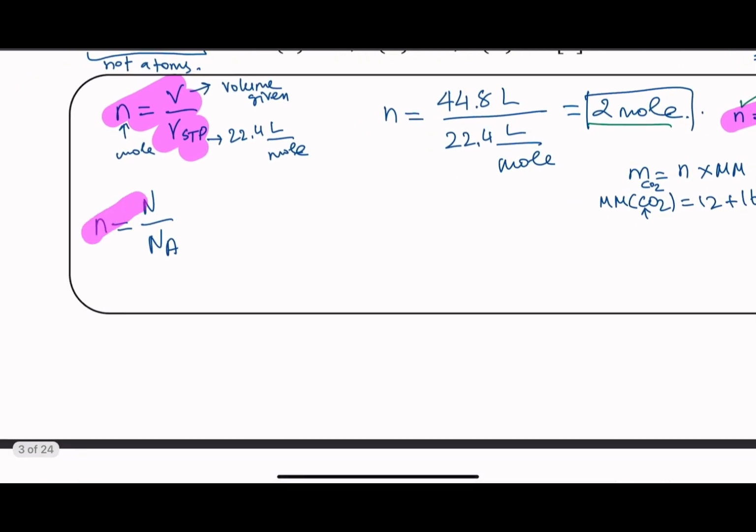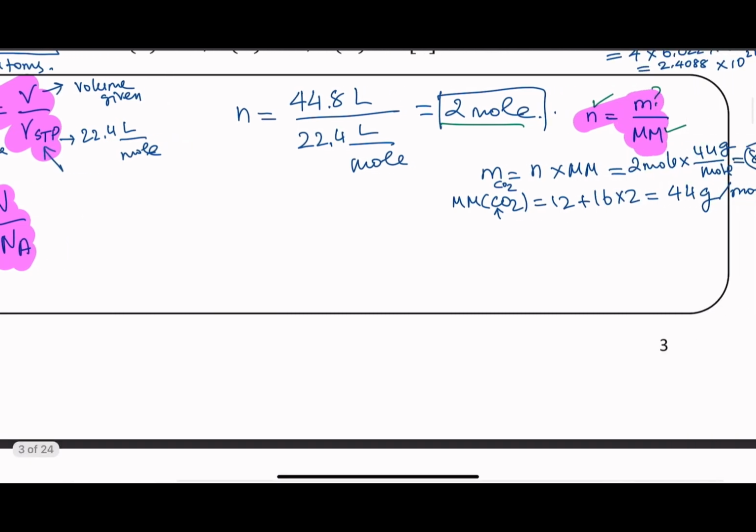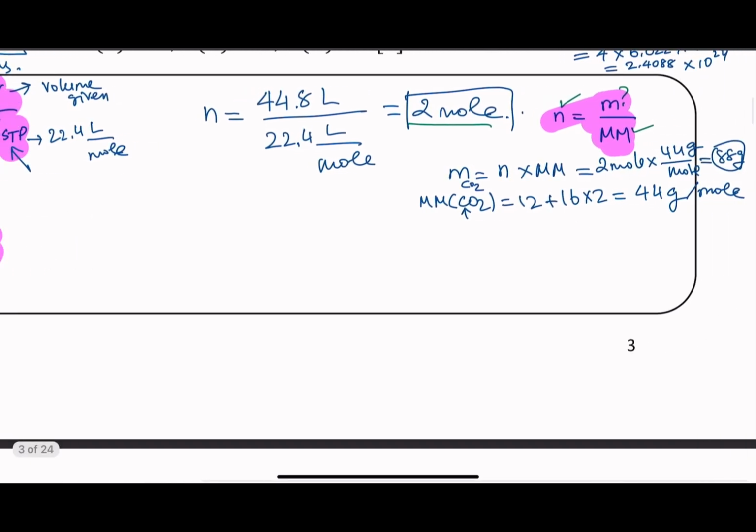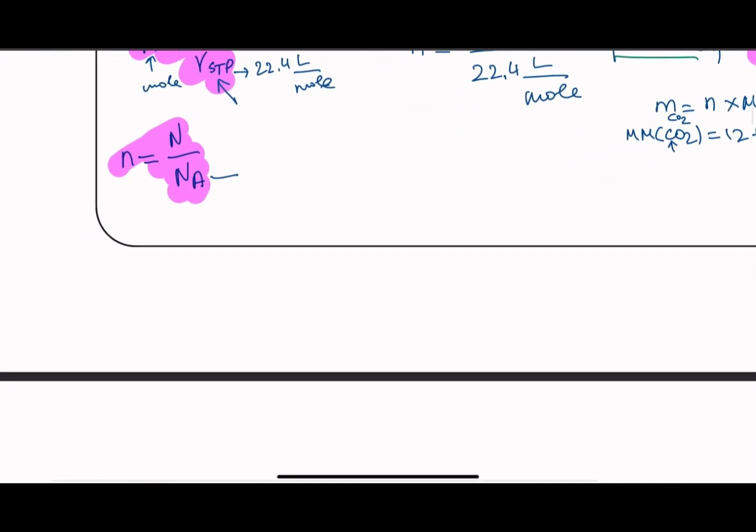And then n equals N over Na, which is the number of particles given divided by the Avogadro number. In all of the cases, you can find this denominator. V_STP, you know the number is 22.4. Molar mass, you find it from the periodic table, and Na, you know the number is 6.022 times 10 to the power of 23.